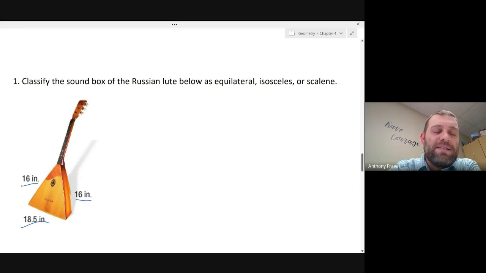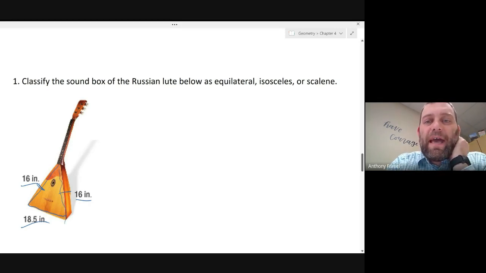Out of this, I can see this 16 and this 16. If it's a triangle, these ones are going to be the exact same measure, which tells me that that is an isosceles triangle.